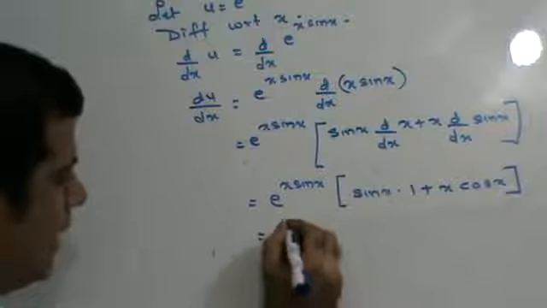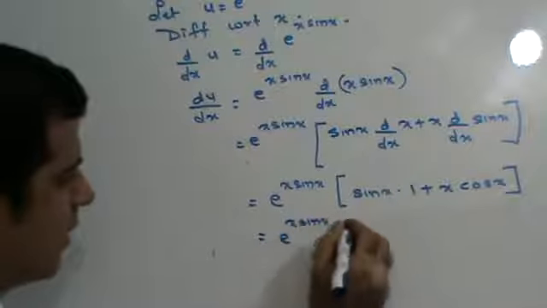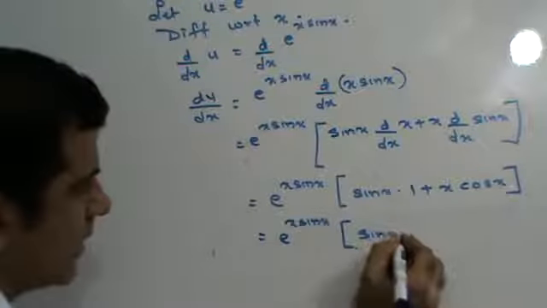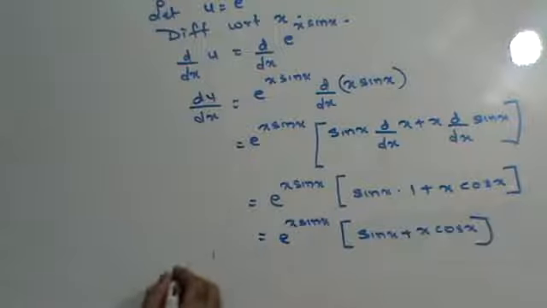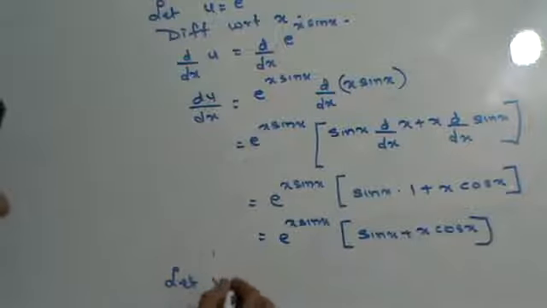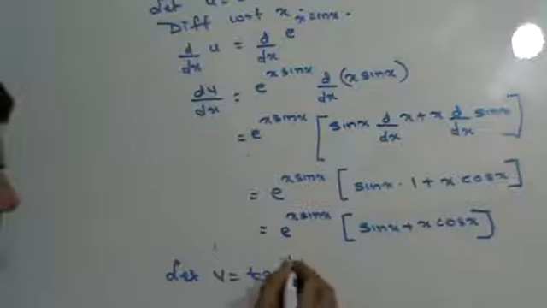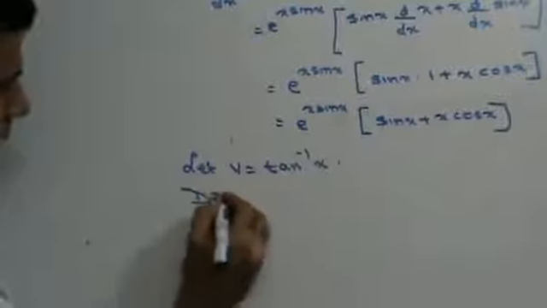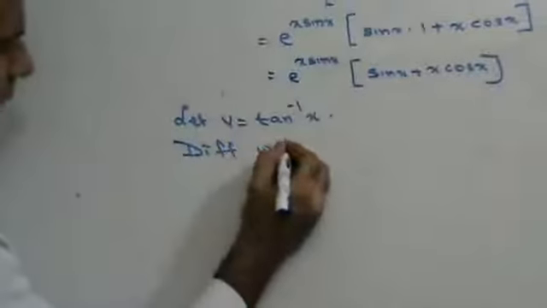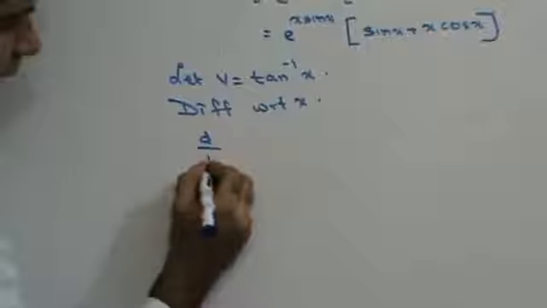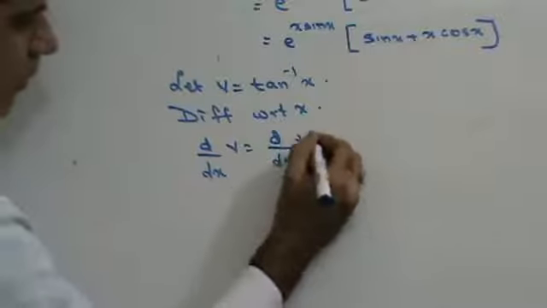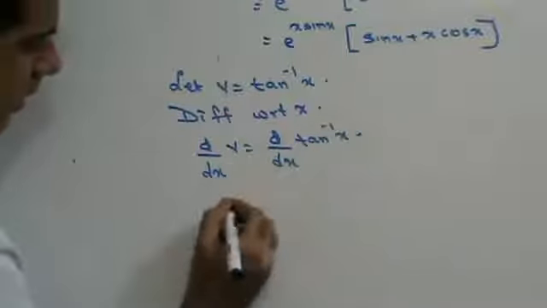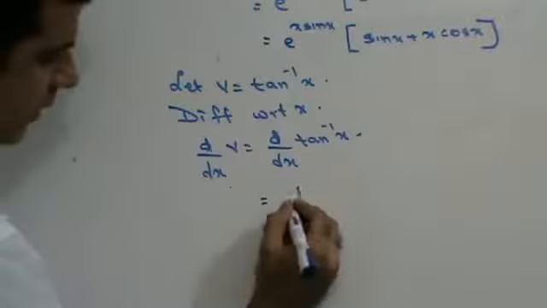So you will get e raised to x sin x plus x cos x. Similarly, I can say let v be equal to tan inverse of x. Differentiate with respect to x. So you will get d by dx of v is d by dx of tan inverse of x. So tan inverse of x is nothing but 1 upon 1 plus x square.